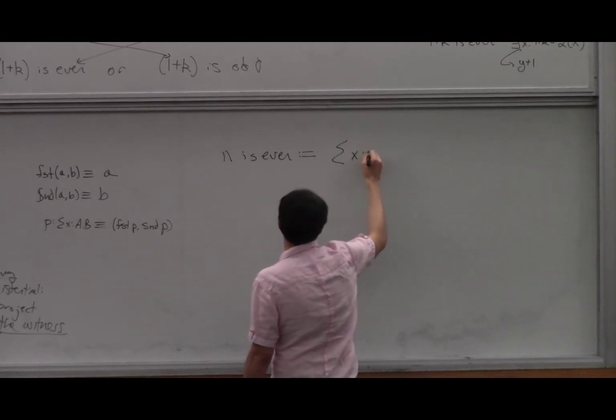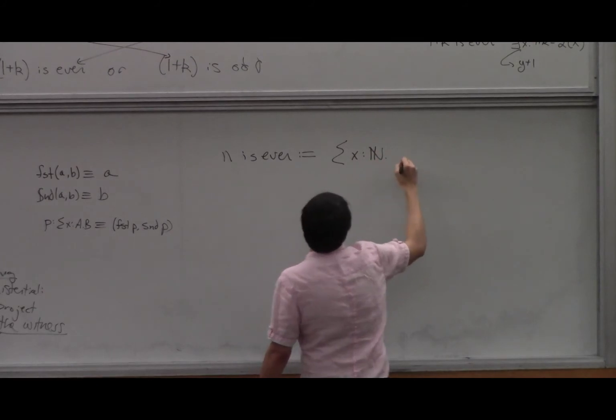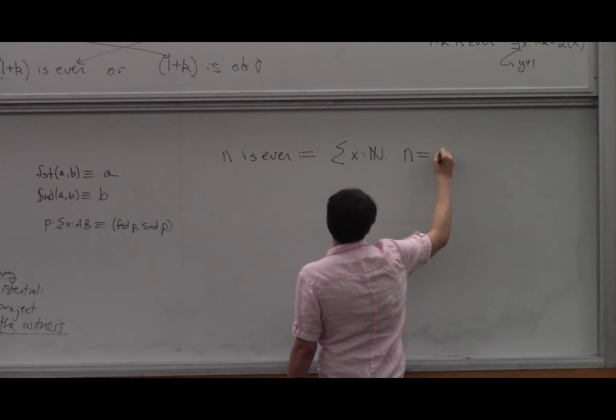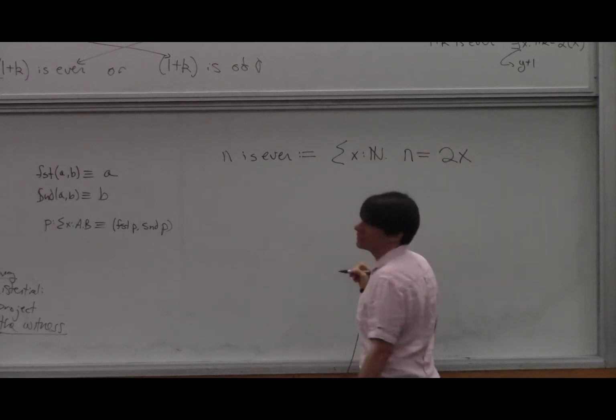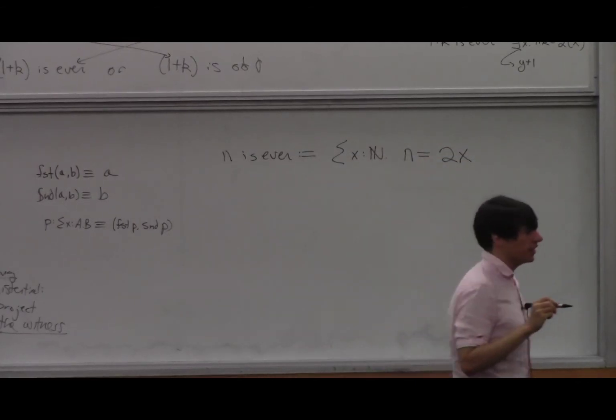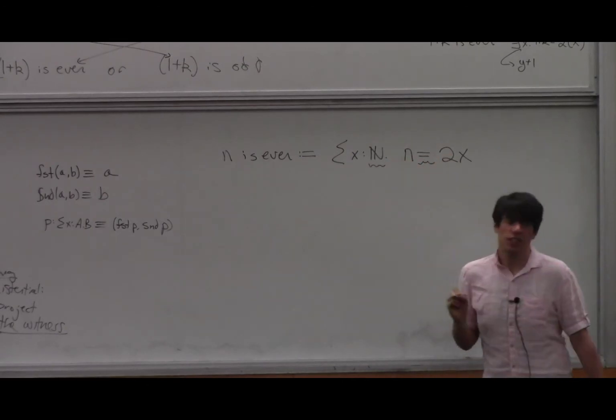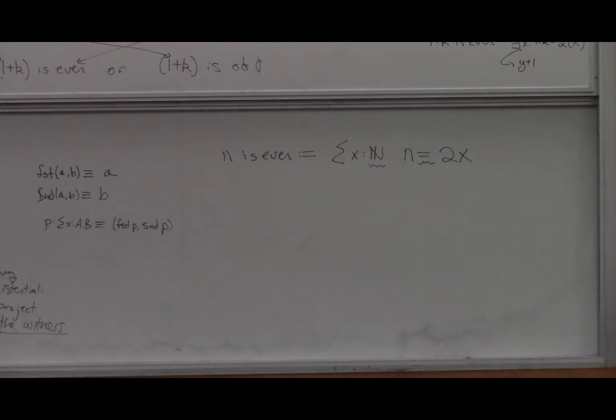Sigma x colon natural numbers, such that n is equal to 2 times x. Okay? So we still need to define the equals and the nat part, but at least we've got the sigma part.